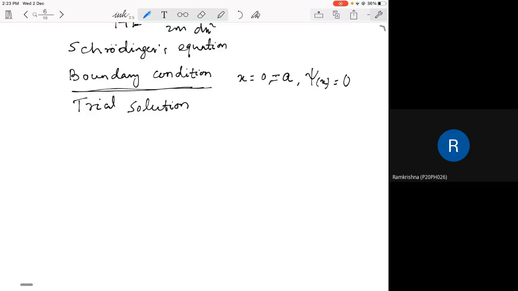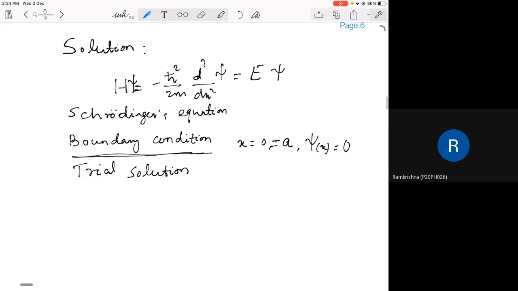Then what will be the solution of this equation? This is our Schrodinger equation. We can take a trial solution.